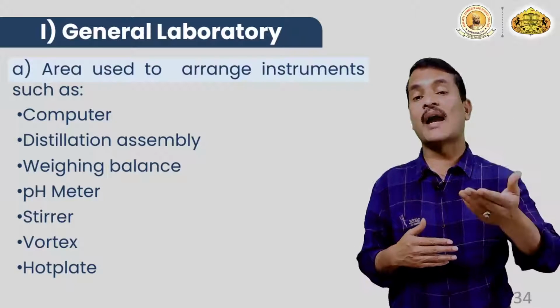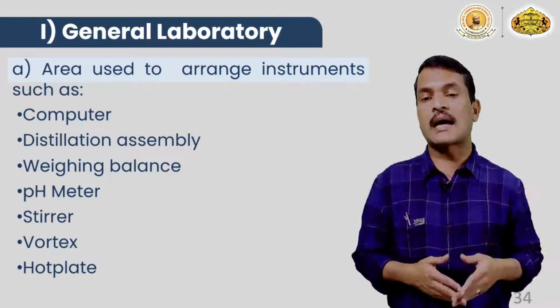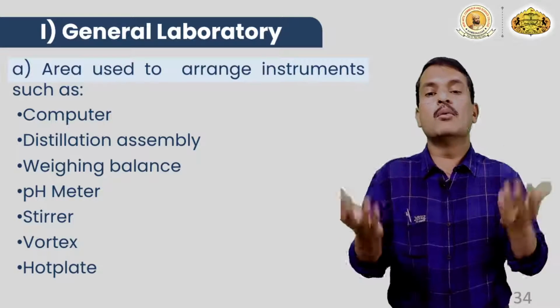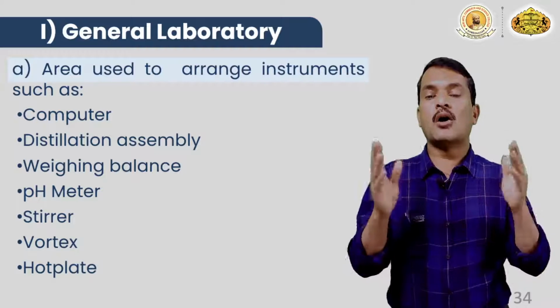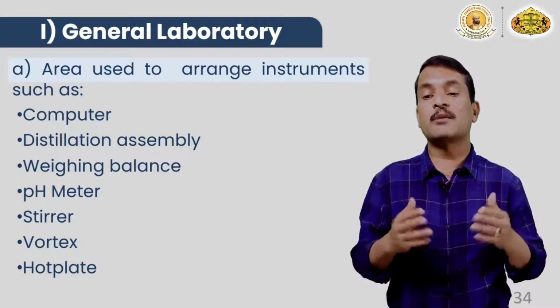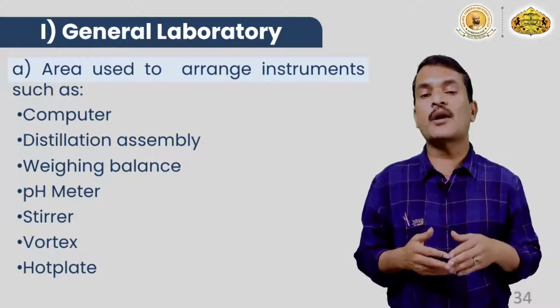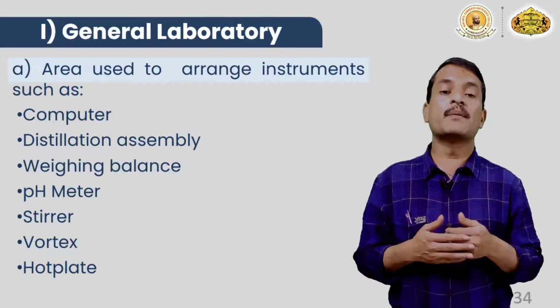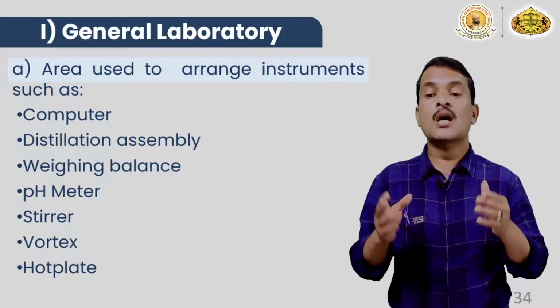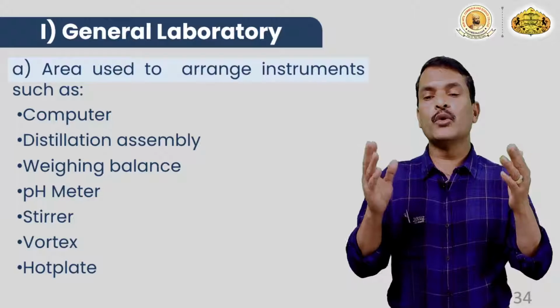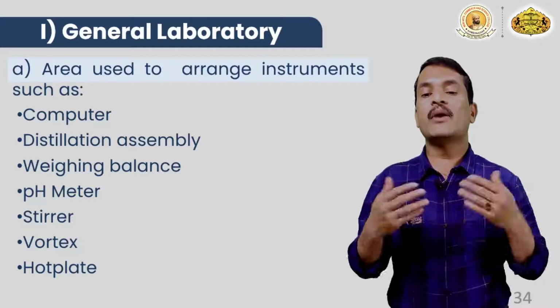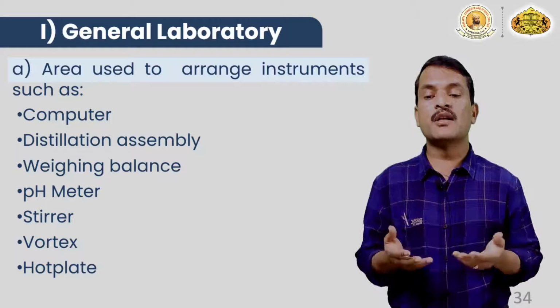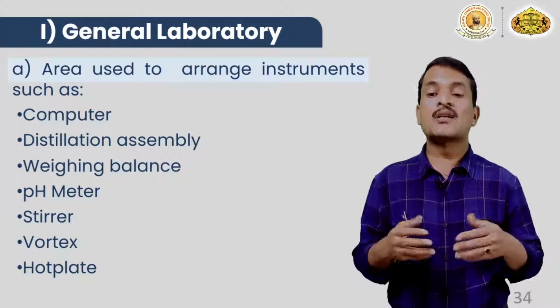In the earlier slide, we have seen how the chemicals are arranged. It may be one's personal view how to arrange or organize the chemicals. Like that, in the general laboratory, the different instruments which are used may include a computer, a distillation assembly, a weighing balance, a pH meter, stirrer, vortex, hot plate.